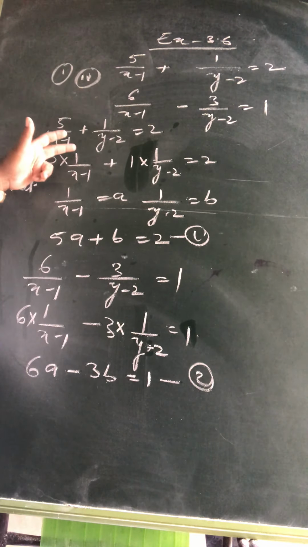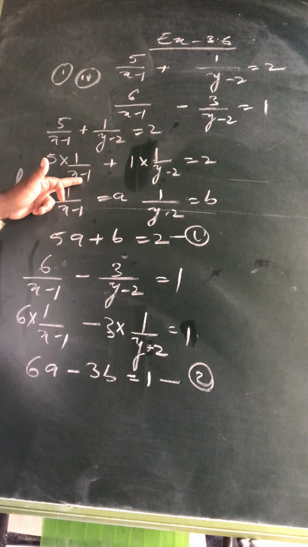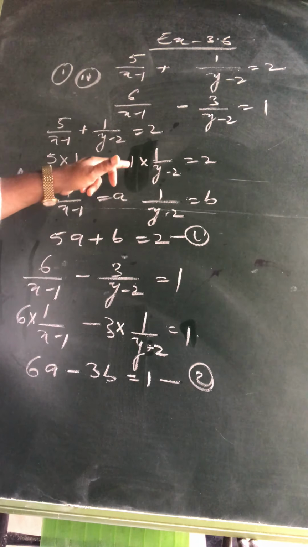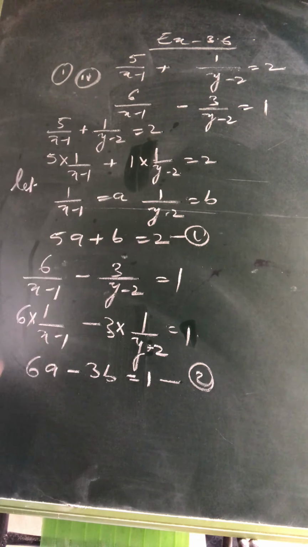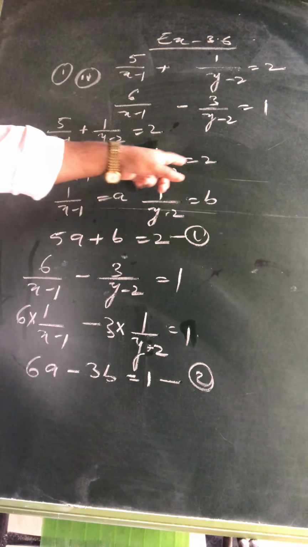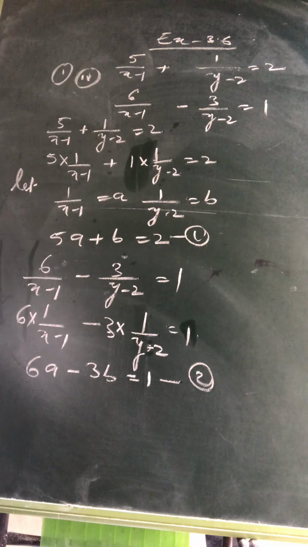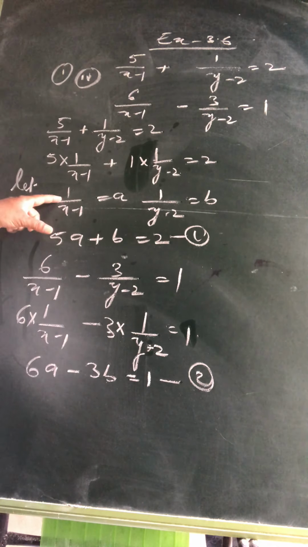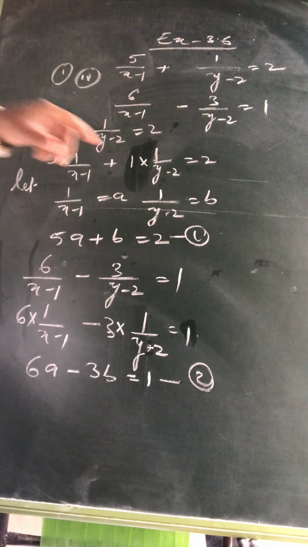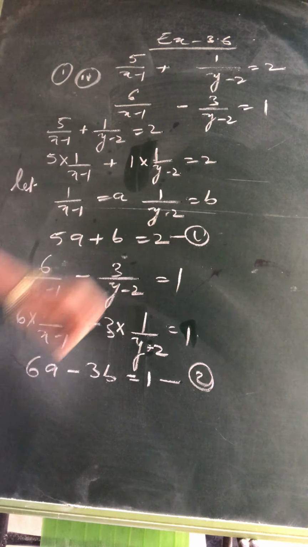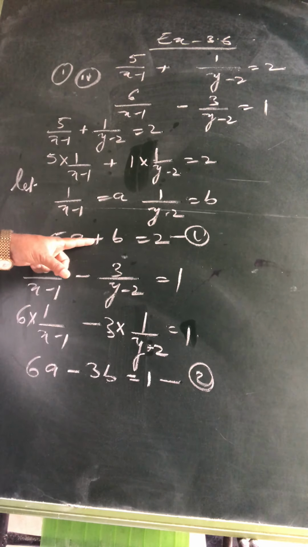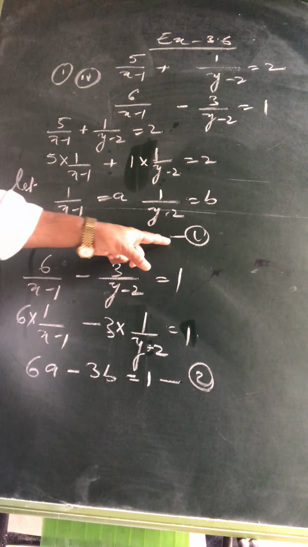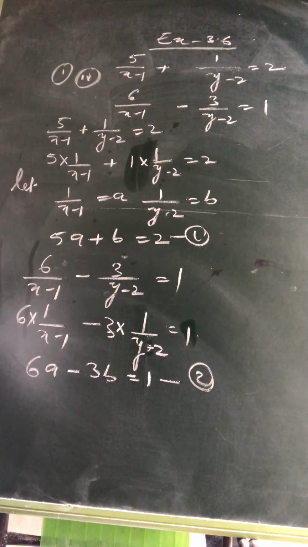Now we denote 1 by (x minus 1) as a, and 1 by (y minus 2) as b. So you get 5 into a plus 1 into b is equal to 2. That is the first equation.